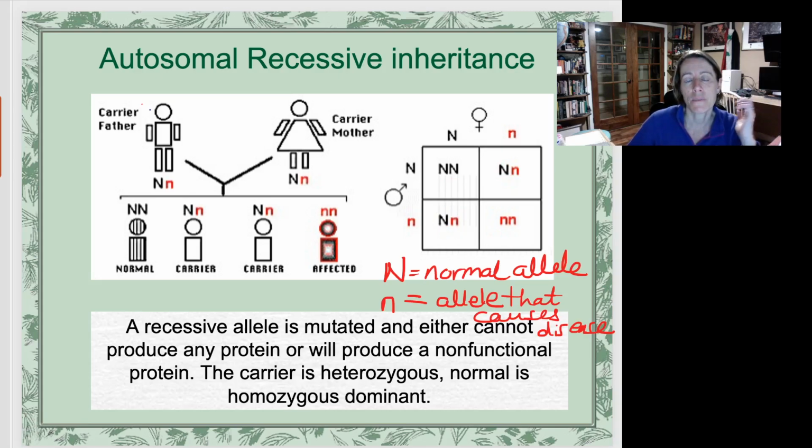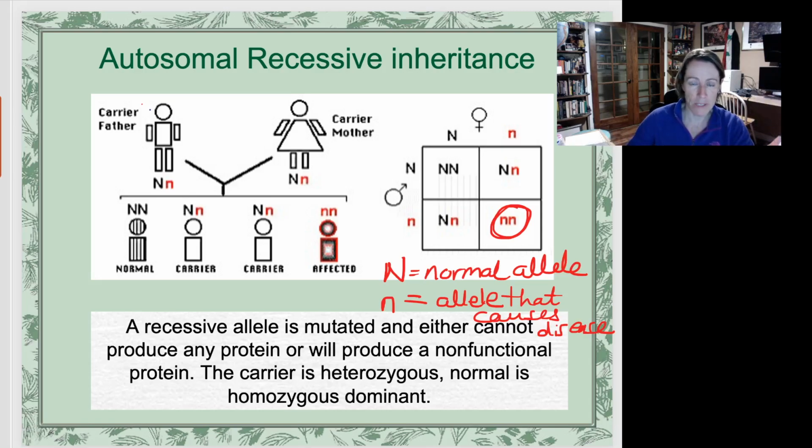But this person in the bottom right got a messed up allele from dad and a messed up allele from mom. They don't have any of the big N version here, so they cannot make whatever protein it is they need to make. So they're going to have the full-blown disease of whatever this disease is. So these 2, mother and father, this pair, they're both normal.